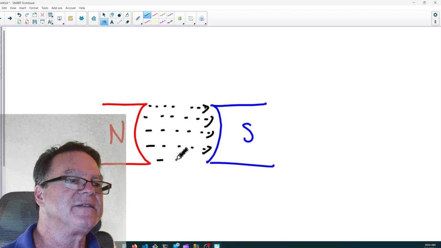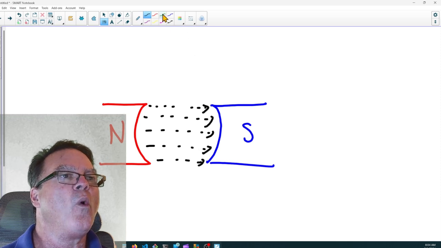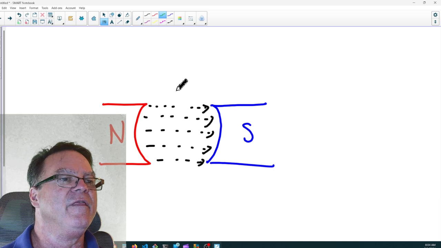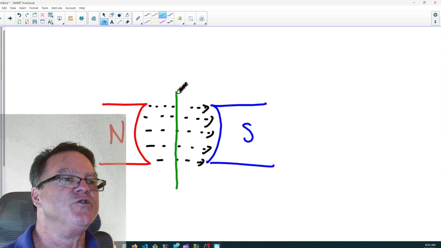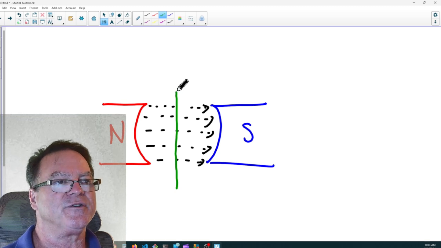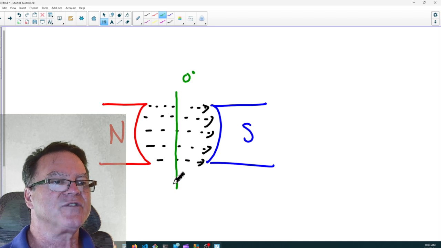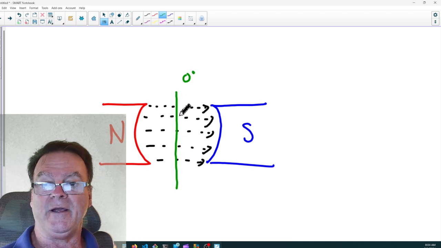The neutral plane is that point where there's zero induced voltage on the armature. So here at 0 degrees, that is where our neutral plane would be.